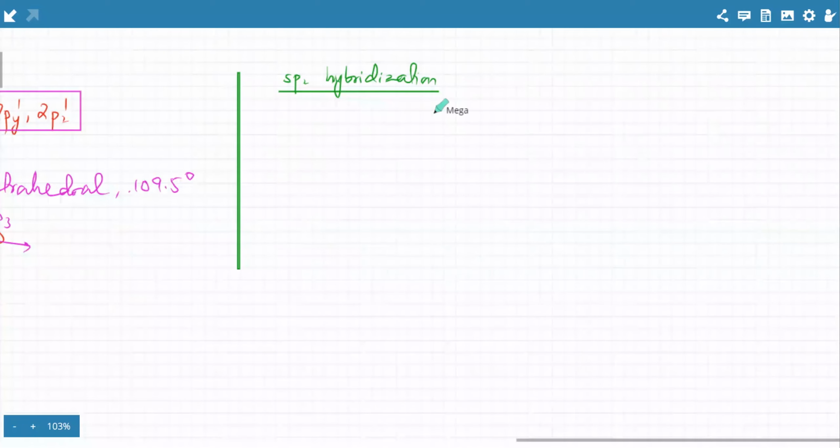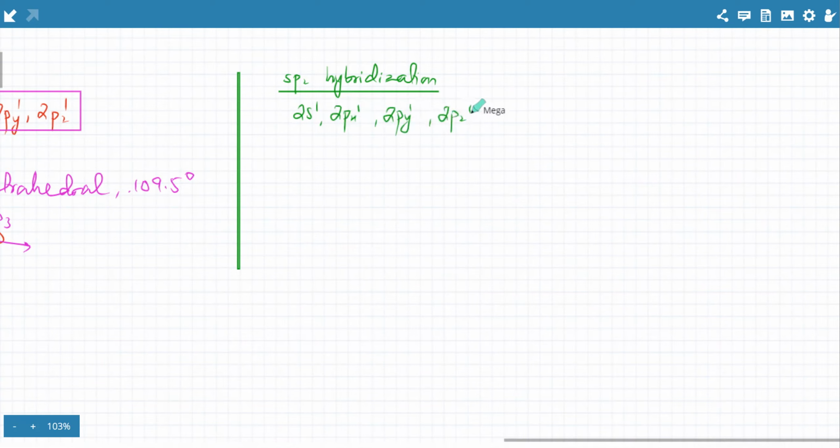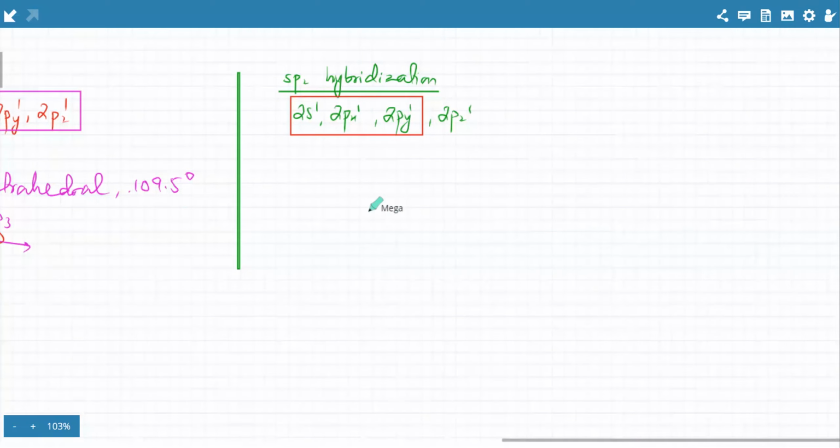Now, in this, carbon had again 4 electrons in its outer shell. It had 2s1, 2px1, 2py1, and 2pz1. But in sp2 hybridization, only 3 of the orbitals actually change shape because the carbon atom is bonded to 3 atoms.